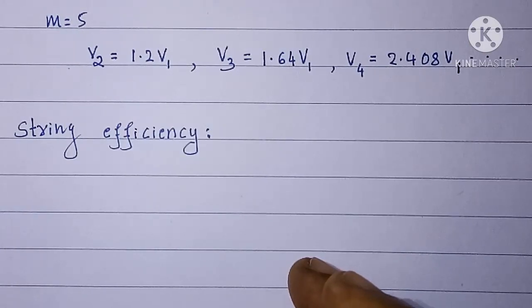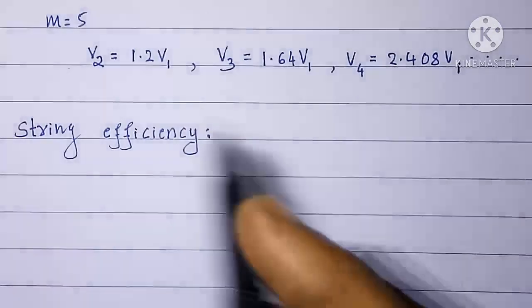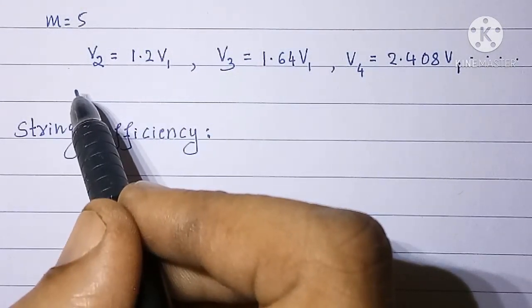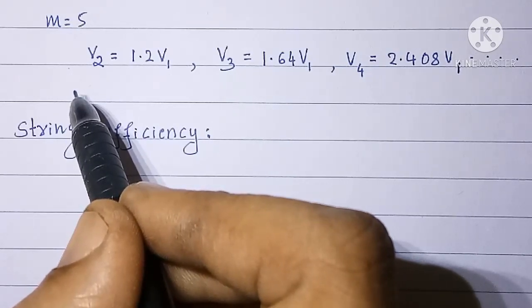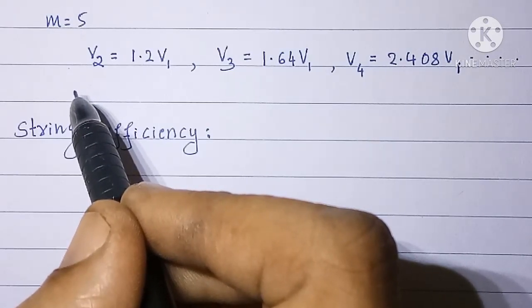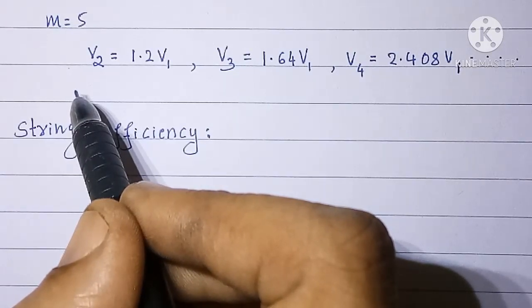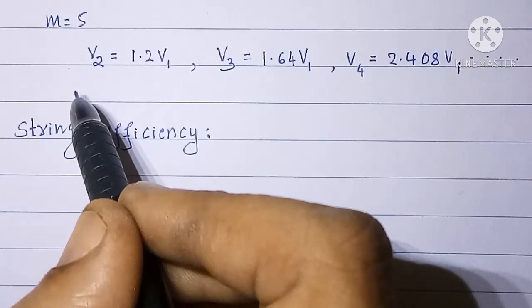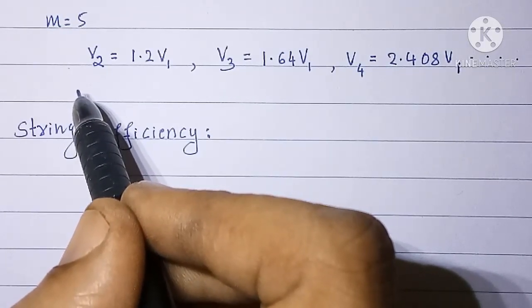And the string efficiency is a measure of utilization of material in the string. It means that all the insulating units that are used in string insulators are of the same type. Their voltage ratings will be the same, the material used will be the same, but they will be subjected to different voltage stress.